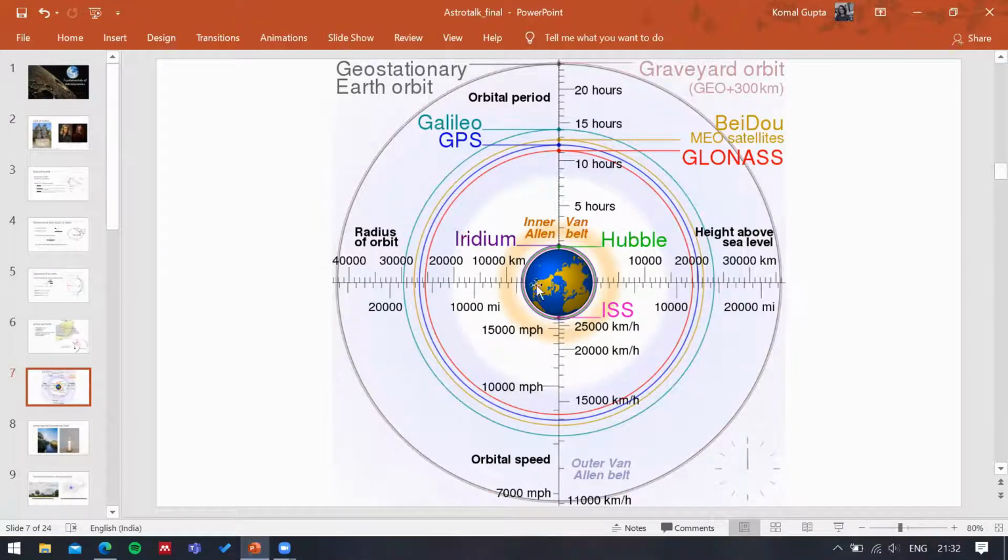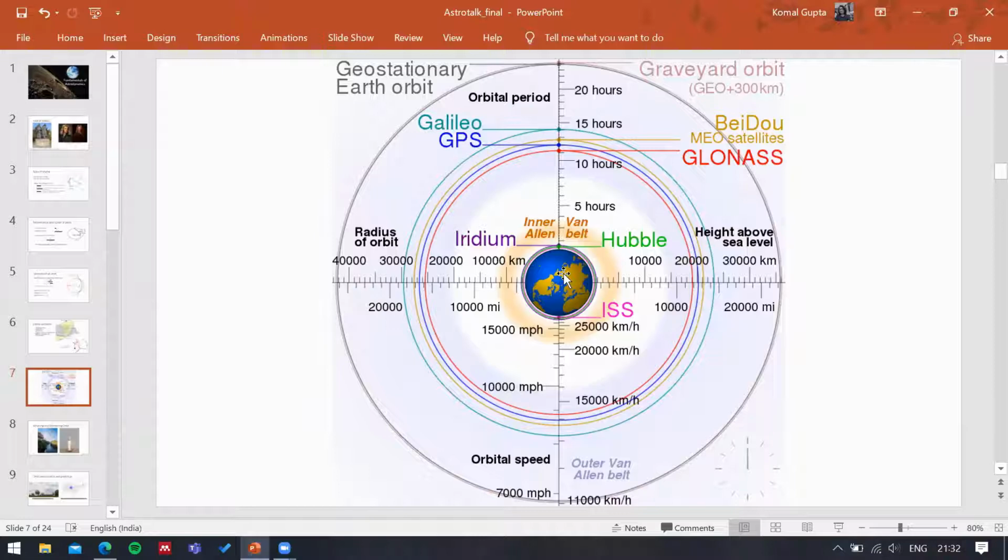So let's just move from the inside to out. Low Earth orbits are the orbits that are closest to the Earth. So here in this diagram, they go up to 800 kilometers or so in altitude, height above sea level. And these are orbits that are occupied by communication satellites. They have science and weather satellites, satellites that observe the Earth, so terrestrial observation satellites.